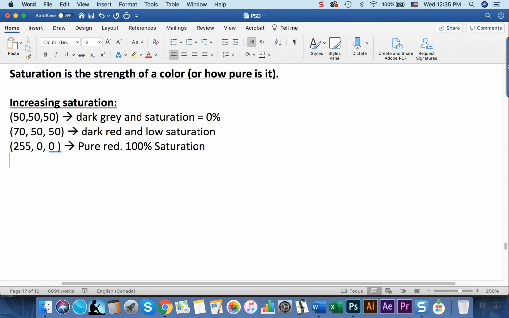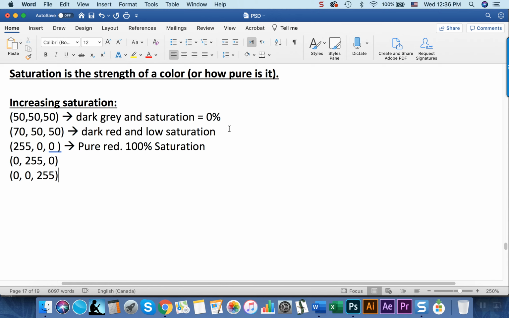Now, can you guess what the RGB value is for pure green? If you guessed 0, 255, 0, that's correct. That's 100% saturated green. Can you guess the RGB values for pure blue? That would be 0, 0, 255. What saturation is this one? Also 100%.